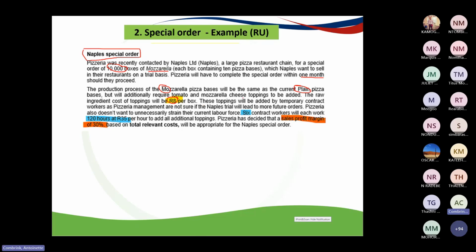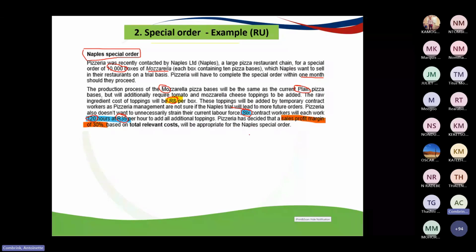And I'm going to get 6 temporary workers for 120 hours at 35 Rand per hour to help me make my pizzas. You'll see this will be included as my relevant costing for my special order.